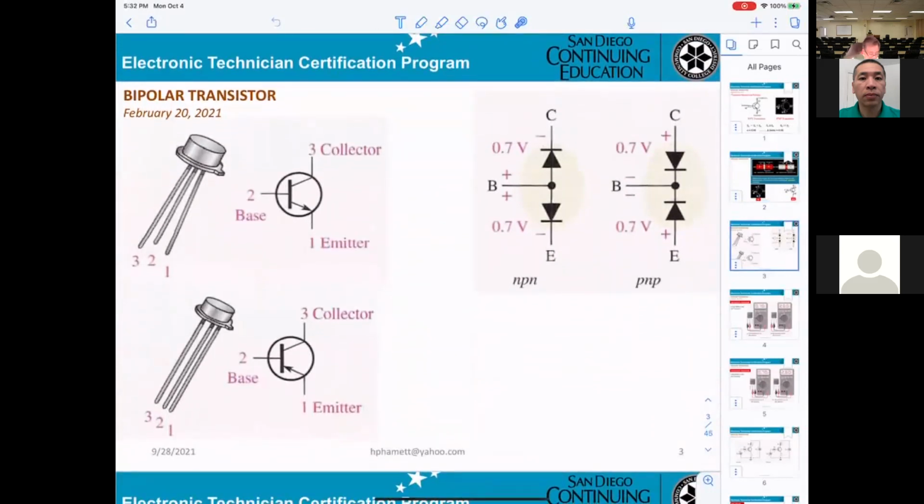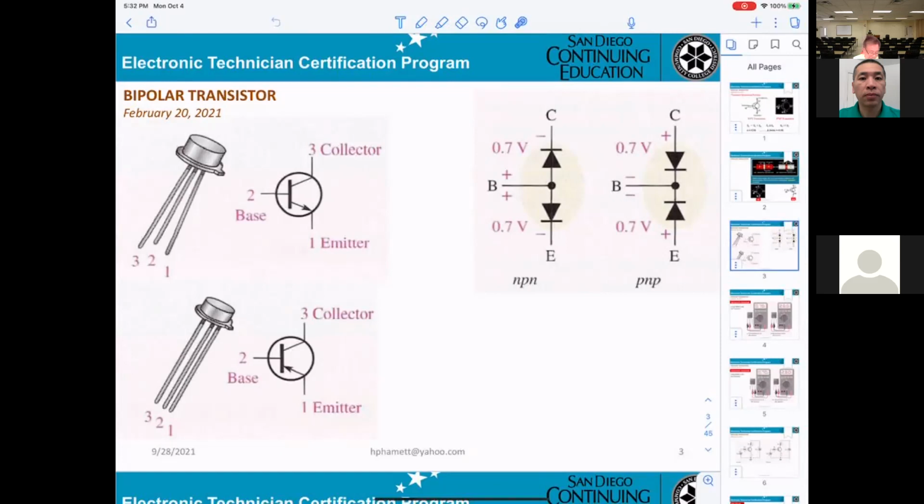Okay, here they tell you this is an NPN transistor, so you can get the collector, emitter, or the base, just simple. And you see the collector here, base here, emitter here. So number 1 will be the emitter, number 2 the base, number 3 the collector.